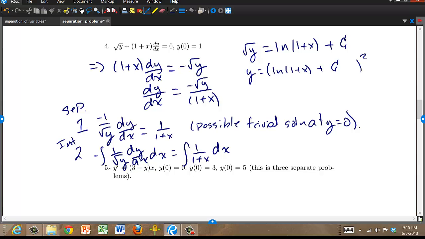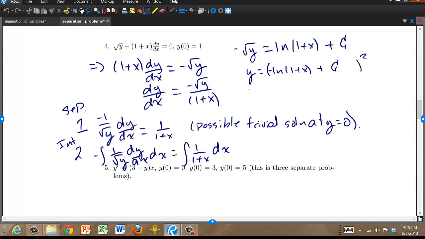Oops, I was wrong there. That's a negative right there. So this should be a negative natural log, and the plus c doesn't really matter. Anyway, everything works out the same.